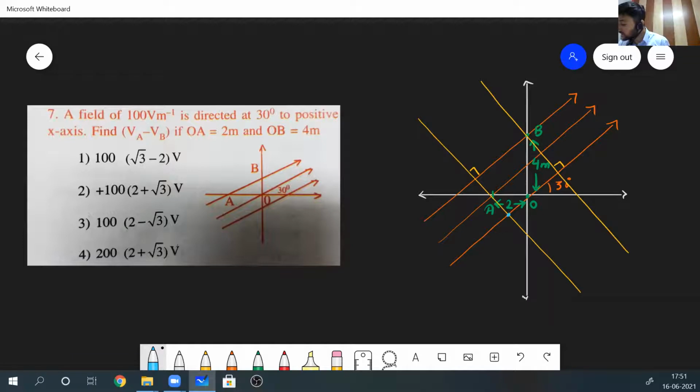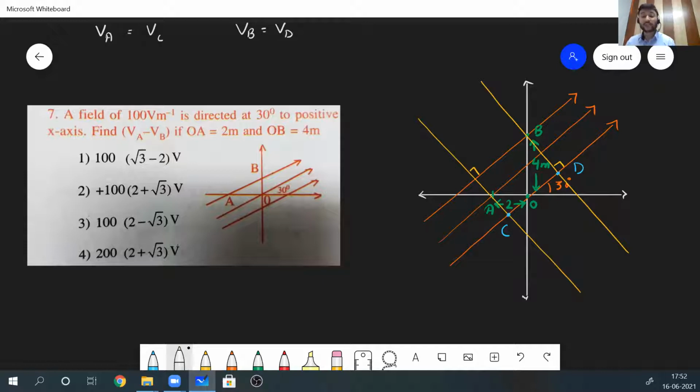Now let us see two points. One of the points is point C and one of the points is point D. If we check out point A and point C, they lie on the same equipotential surface. Hence, we will say that the potential of A is equal to the potential of C. Similarly, point B and point D lie on the same equipotential surface.